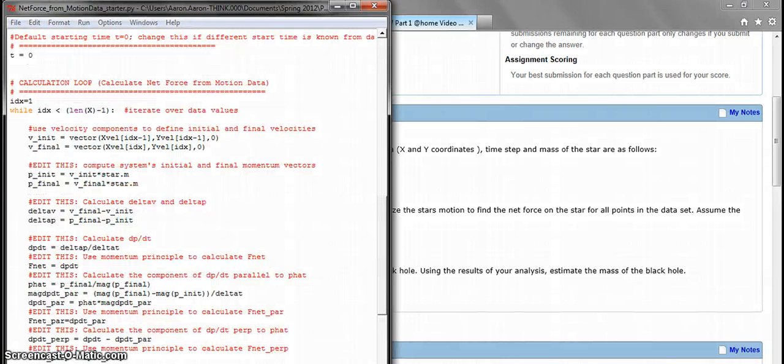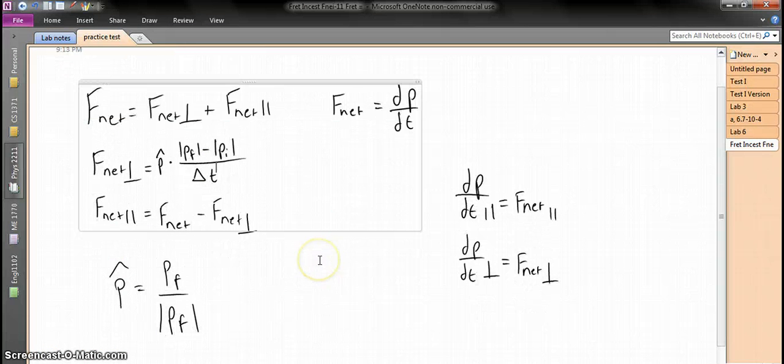From here, we used formulas derived from the momentum principle that Fnet is equal to Fnet parallel plus Fnet perpendicular. And since we know that Fnet is equal to the change of momentum divided by the change of time, we can say that the change of momentum parallel is equal to the Fnet parallel, and the change of momentum perpendicular is equal to Fnet perpendicular. For simplicity's sake, we found Fnet perpendicular, which is equal to p hat times the magnitude of the final momentum minus the magnitude of the initial momentum divided by the change in time.